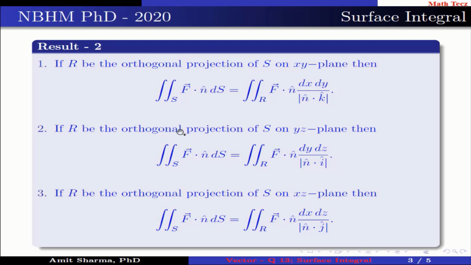If R is the orthogonal projection of S on the yz plane, then the double integral over S of F dot n dS is equal to the double integral over R of F dot n dy dz divided by the modulus of n dot i. 3. If R is the orthogonal projection of S on the xz plane, then the double integral over S of F dot n dS is equal to the double integral over R of F dot n dx dz divided by the modulus of n dot j.